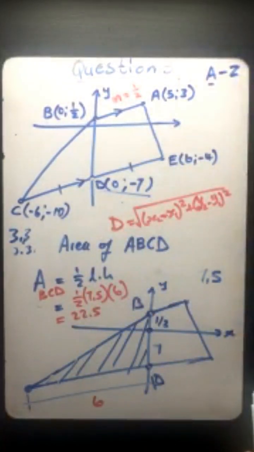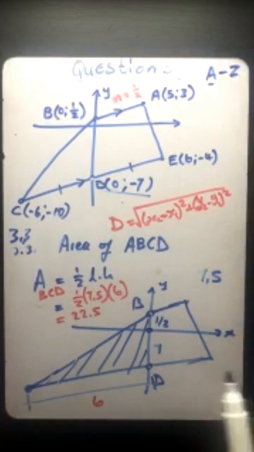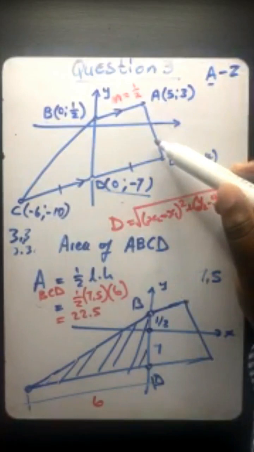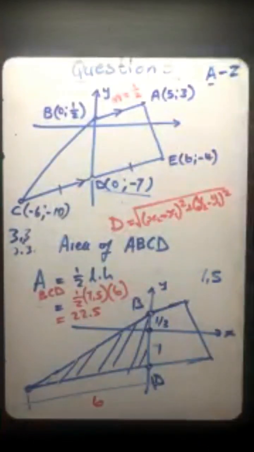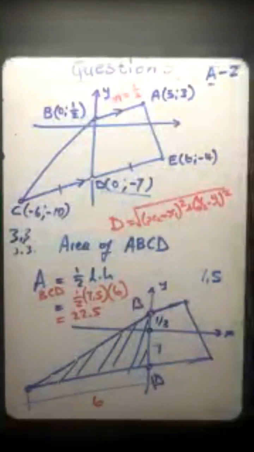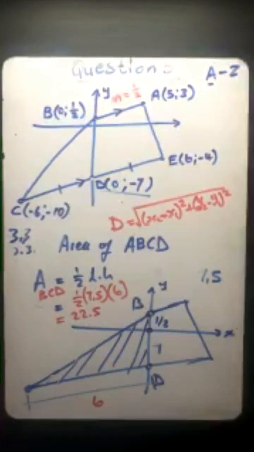Now, since we realize this is not a square, and again, it is not a rectangle, that means you cannot use the formula length times breadth or length squared.